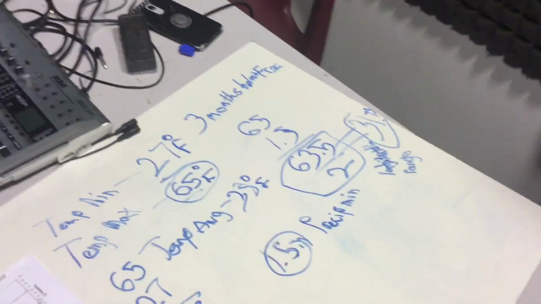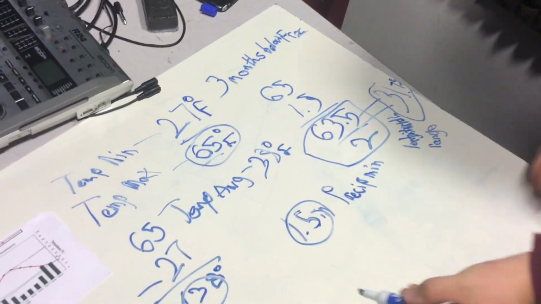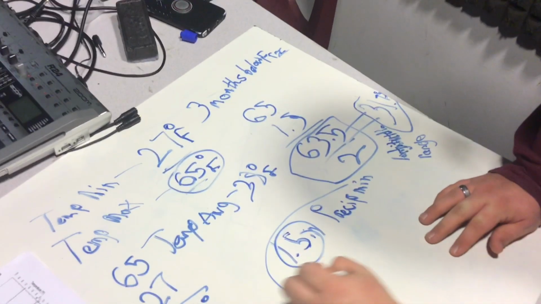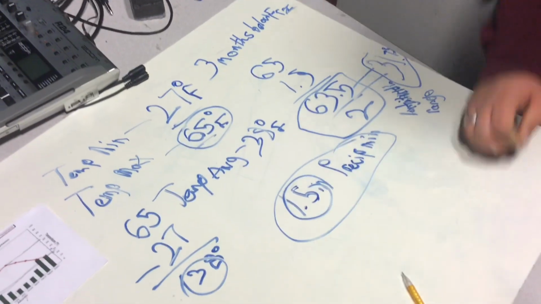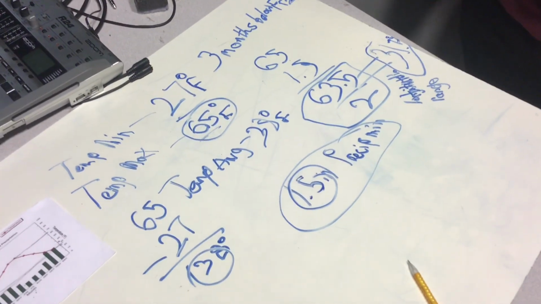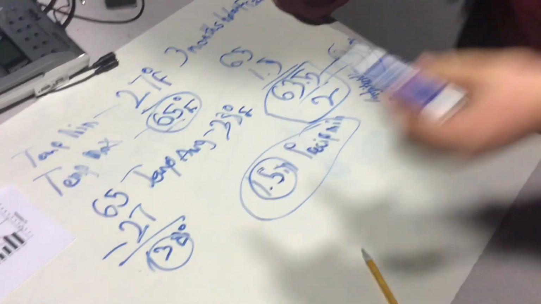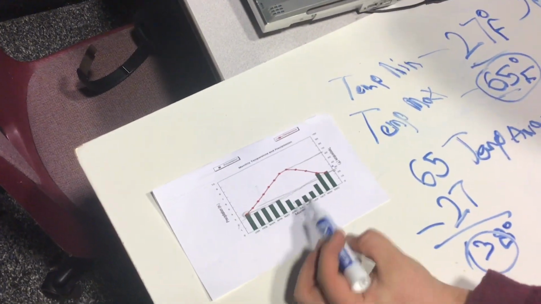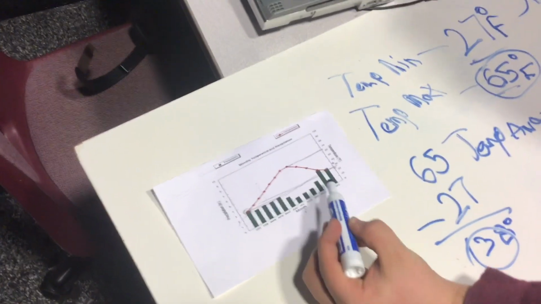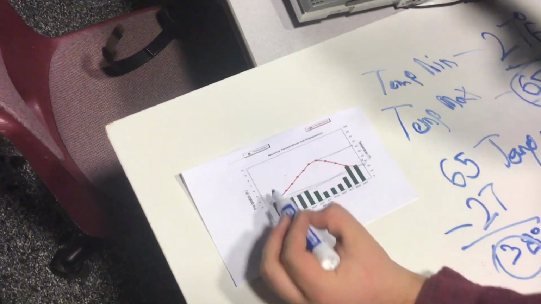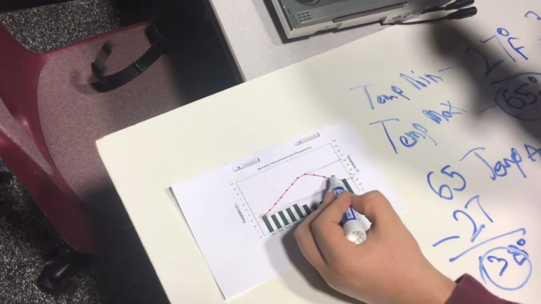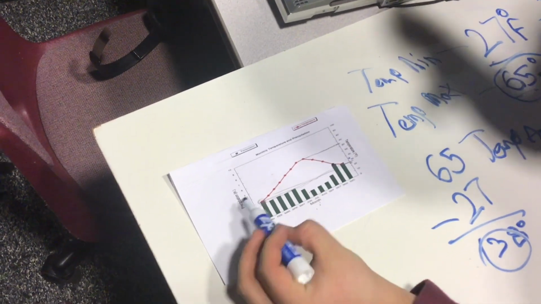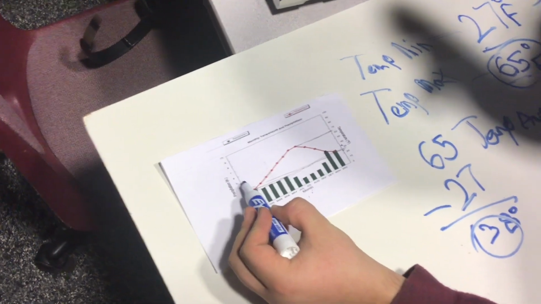Now, what is the next thing that you need? I need to find the precipitation minimum. Well, luckily enough, to find the latitudinal range, we already had to do the precipitation minimum. So what's the next thing that you need? The precipitation max. The maximum, okay. January's pretty good, but I think November just has it beat. November, right across there, is a little bit above 4, but not right in the middle.